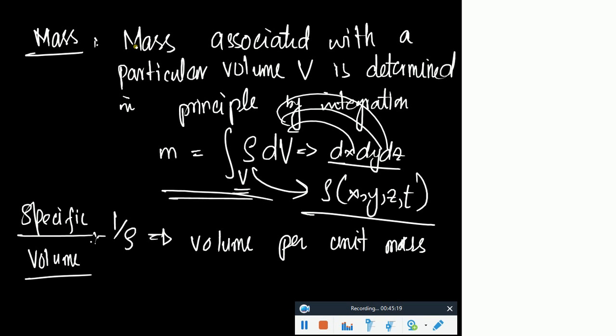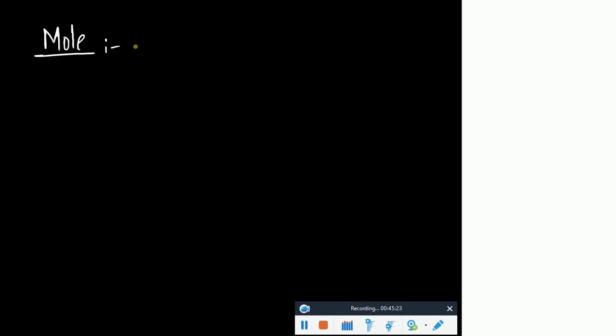And then in certain applications you also talk in terms of moles. I hope you understand what those moles are. Okay, what is a mole? You should be able to understand it.